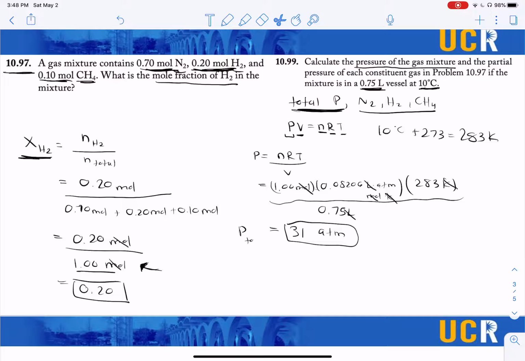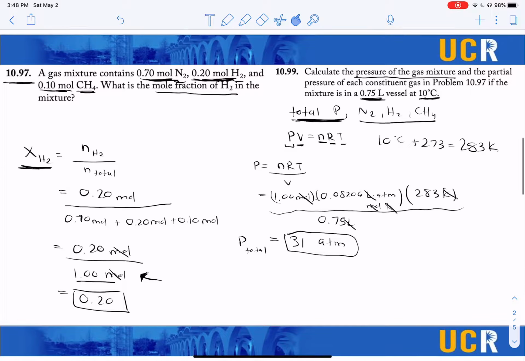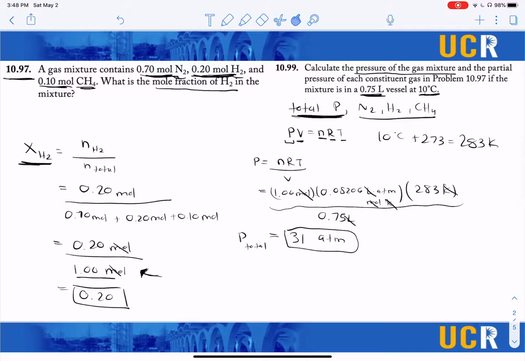Okay, whoops, never mind. So what we're going to do next is calculate the partial pressure of each gas. We have three gases: H2, N2, and CH4. To calculate the partial pressure of each gas, we're going to use another formula.